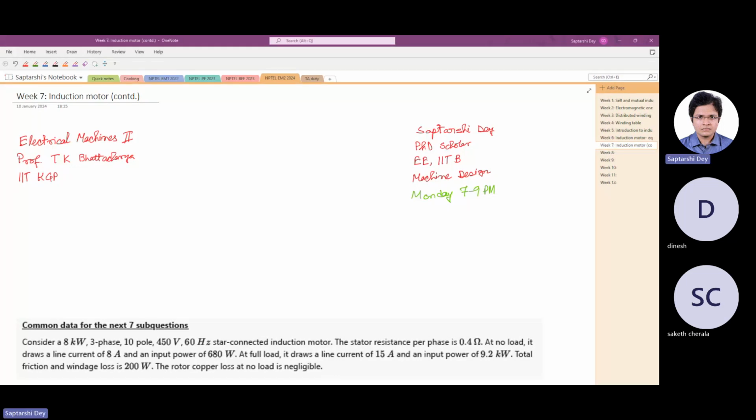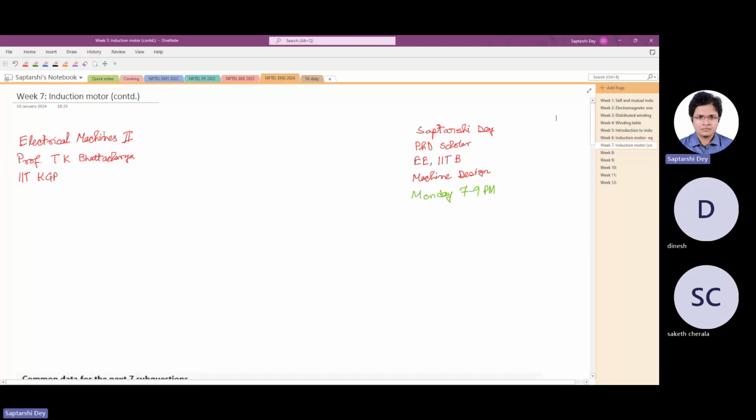Okay, so in today's class we will look mostly into the energy flow of the three-phase induction machine. Energy flow means some input power that comes into the stator.